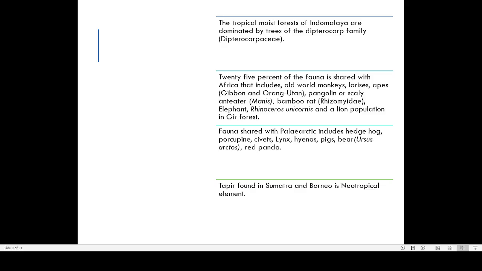Even now, if you examine, even lower animals like spiders and insects show a lot of similarity at the genus level. We can find the same genus present in the Kerala region and also in the African region. That is because for a long time there was a close connection between India and Africa.